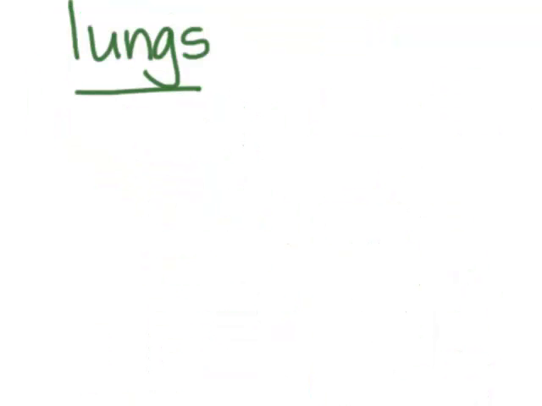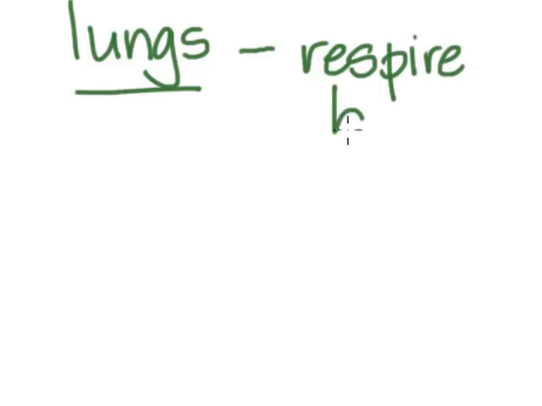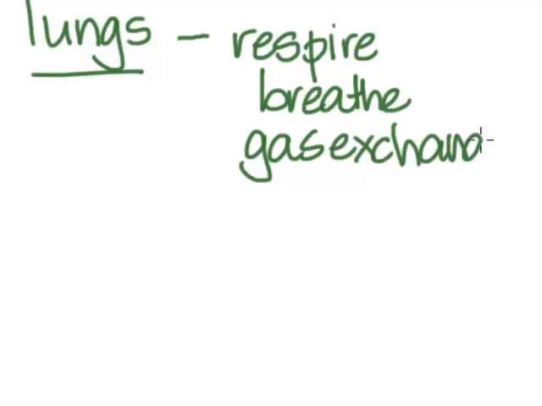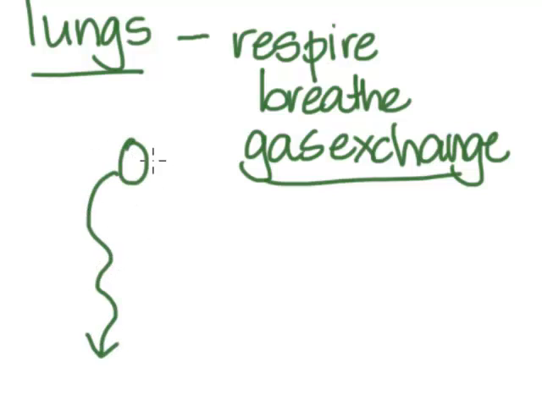And this brings us then back to the lungs, of course, where we started this lesson. We have just spent many lessons talking about the lungs as organs that respire or breathe or help us to undergo gas exchange. And in this idea of gaseous exchange, we know that we needed to get oxygen from outside the body into the cells.